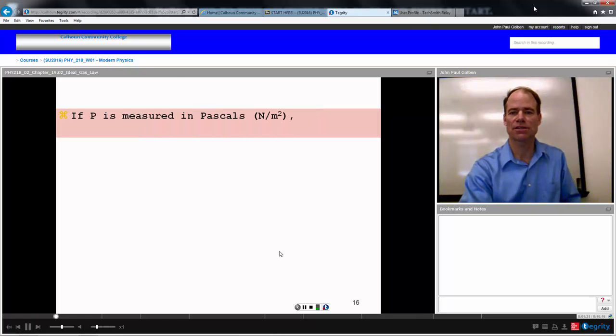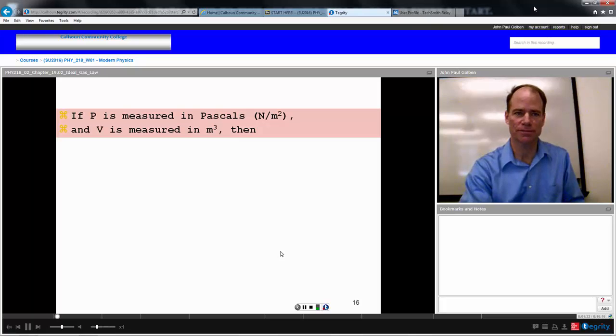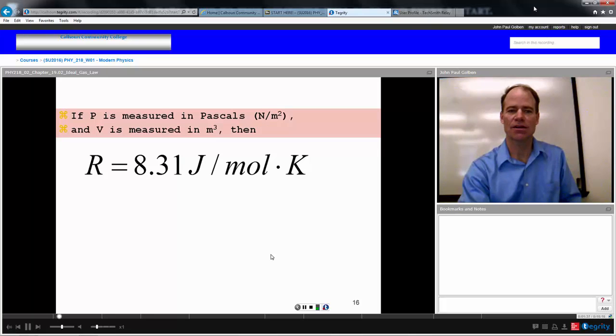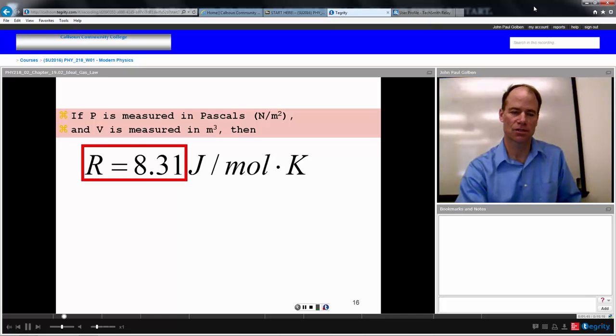If P is measured in pascals, newtons per meter squared, and V is measured in cubic meters, then our gas constant, R, is 8.31 joules per mole per Kelvin. So 8.31 is the gas constant if the pressure is in pascals and V is in cubic meters, the basic SI units.